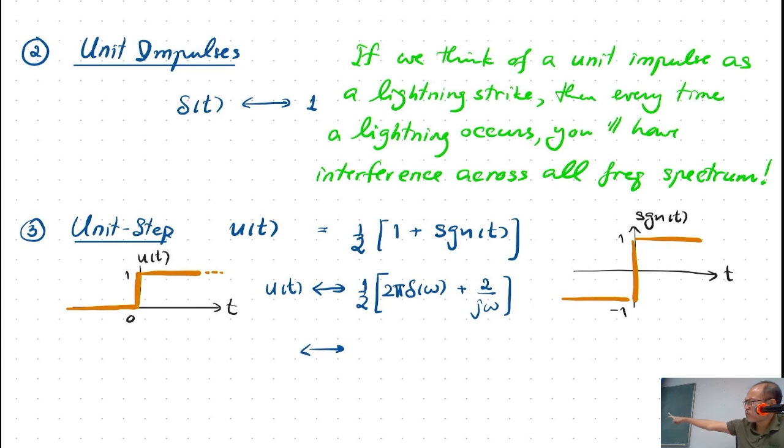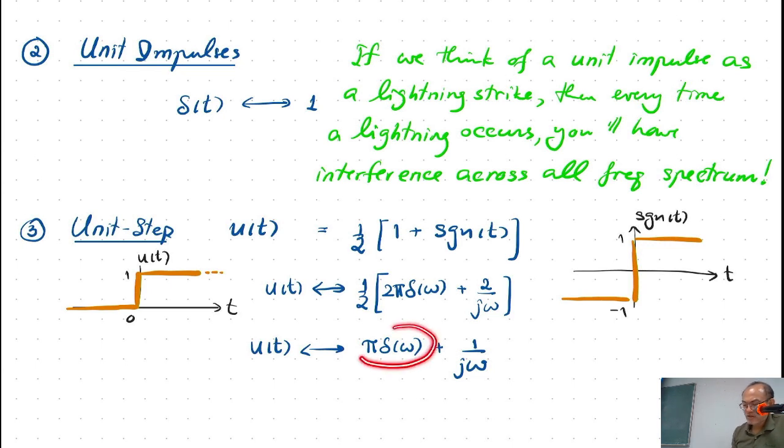So you take 1/2 inside of the parentheses, you're gonna get pi delta plus 1 over j omega. So this is the Fourier transform pair of the unit impulse. I'm sorry, of the unit step.